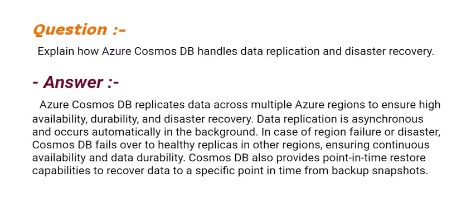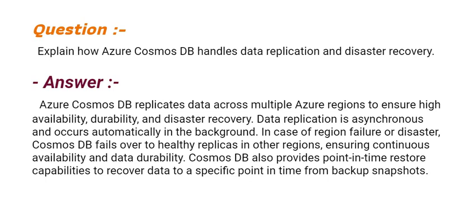Our next question is, explain how Azure Cosmos DB handles data replication and disaster recovery. Your answer should be, Azure Cosmos DB replicates data across multiple Azure regions to ensure high availability, durability, and disaster recovery. Data replication is asynchronous and occurs automatically in the background.